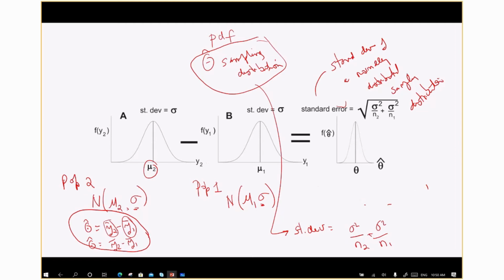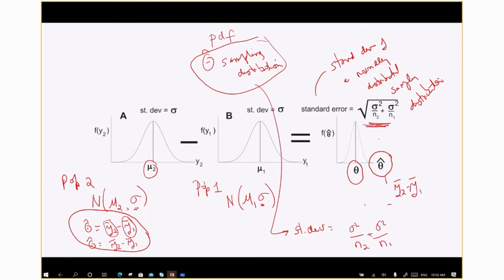We consider all possible values we might get of our estimator theta hat, every possible value of y2 bar minus y1 bar, and we decided that would be normally distributed. It'd have a mean equal to the true difference between the two populations, and it would have a standard deviation equal to this.